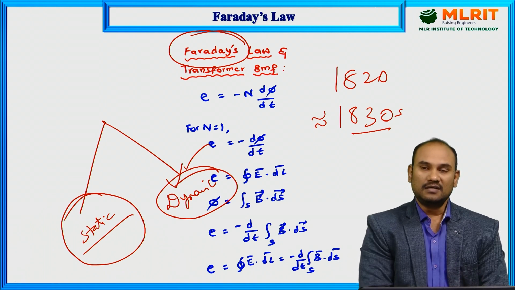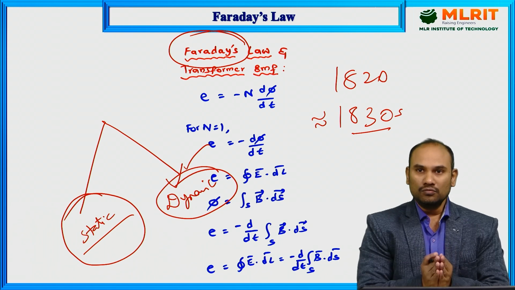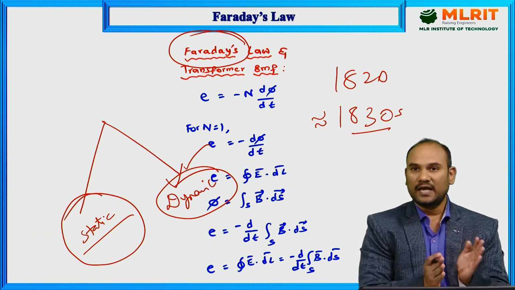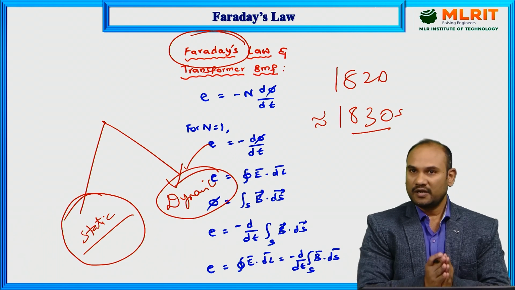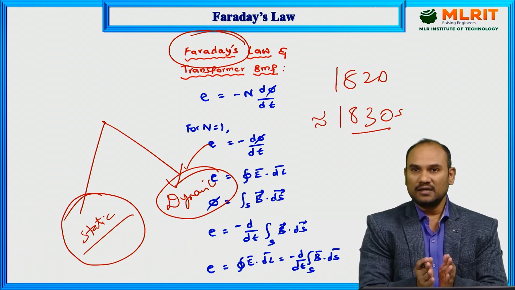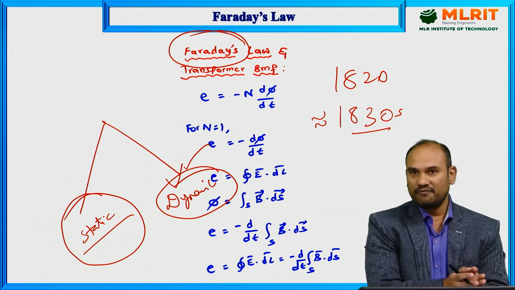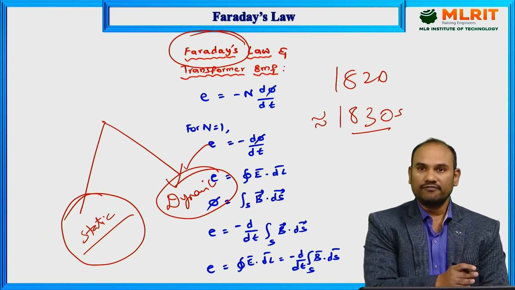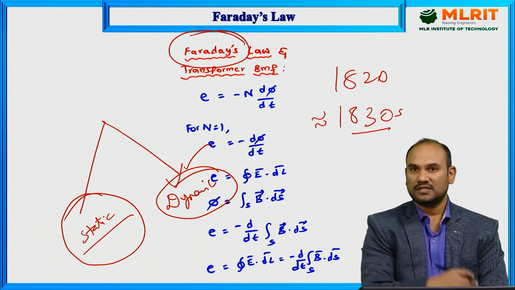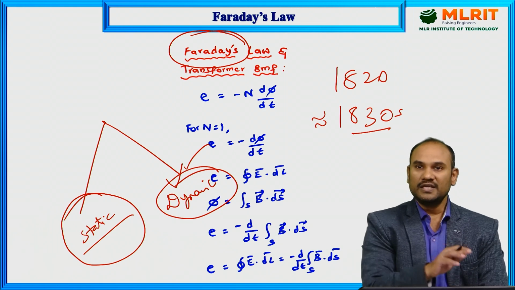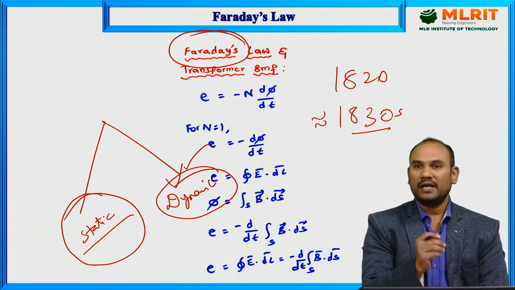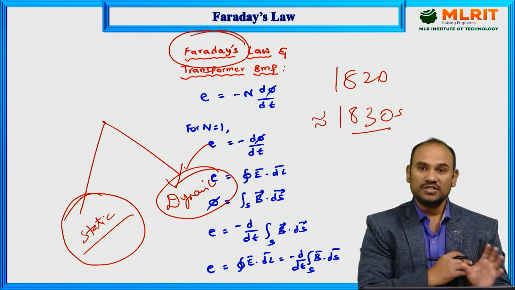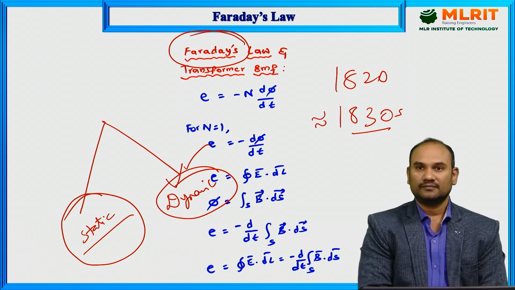He says that if you move a conductor in the presence of a time varying magnetic field, or I can say a moving conductor in the presence of a magnetic field, or a static conductor in the presence of a time varying magnetic field, in either way you get electric current that is produced. So who is the source? Magnetic field.